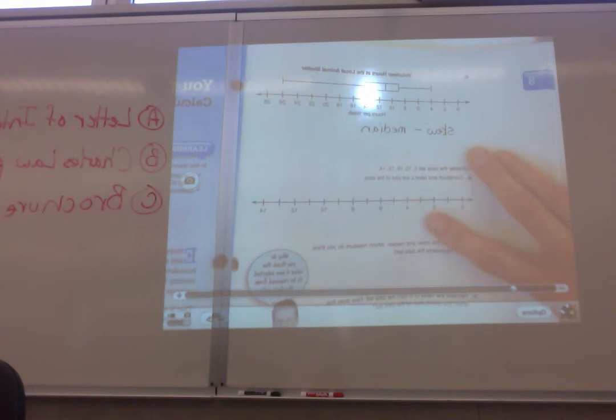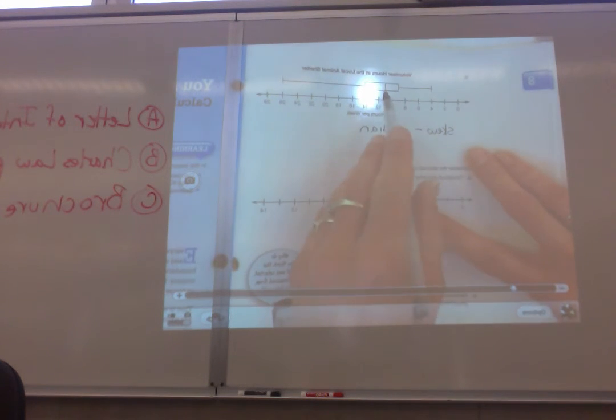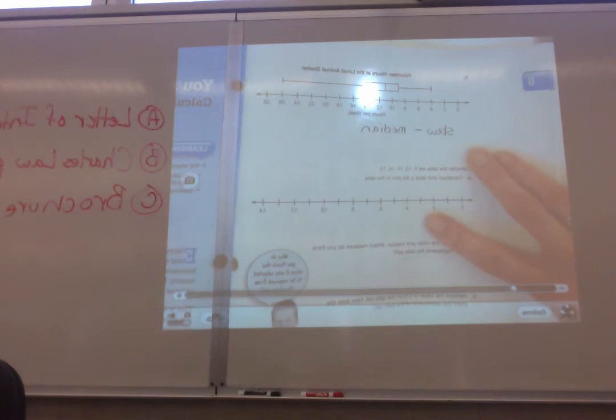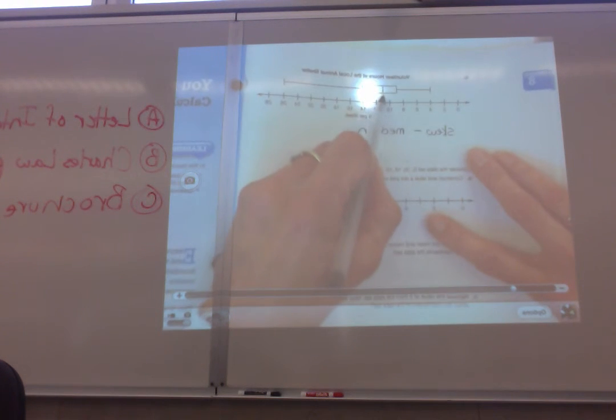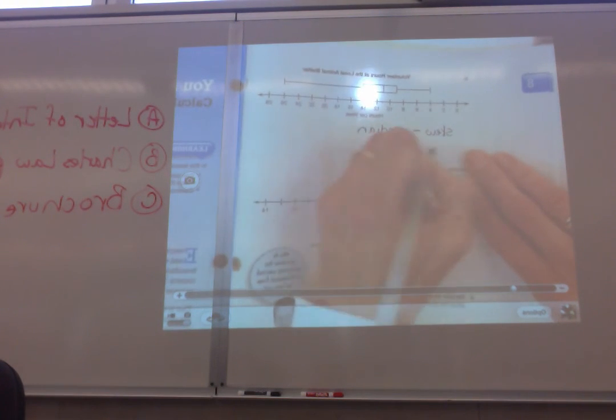Okay. Can we tell what the median is looking at the box and whisker? I heard one no and one yes. Everybody look at that box and whisker. Can you find the median? Yes. 11. Where do we find the median in a box and whisker plot? The line in the middle inside the box. What does that look like to you? It looks pretty much exactly like 11.